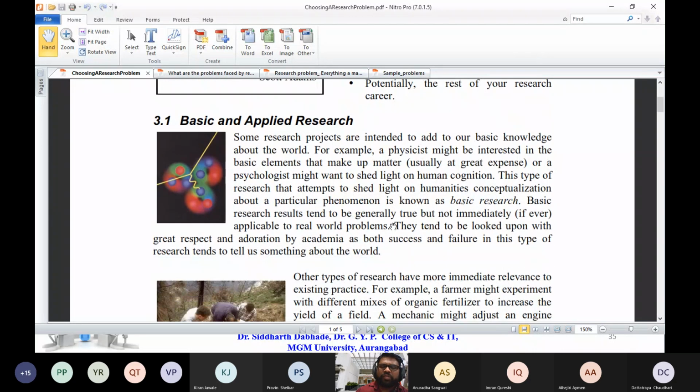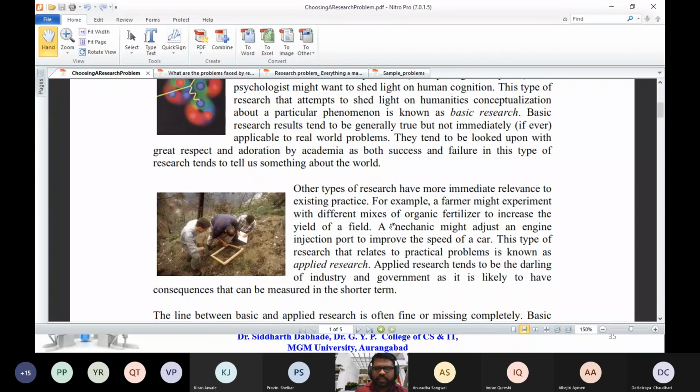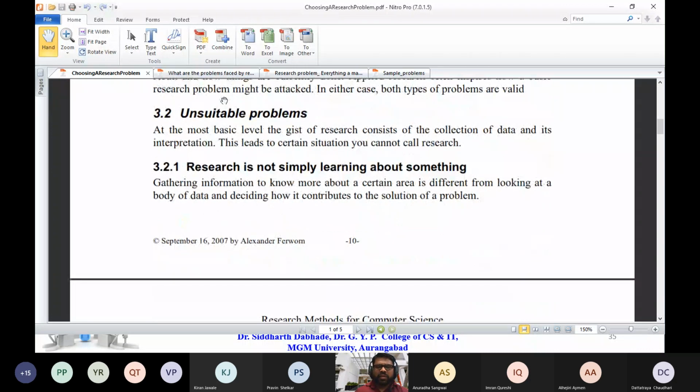Okay, so the WH question should be there. So unsuitable problems: at the most basic level, the gist of your research consists of collection of your data and its interpretation. If you are not able to get the proper data in a proper manner, then at that time we can say it is unsuitable. It is not able to solve your problem. Okay, so we can say it is unsuitable.